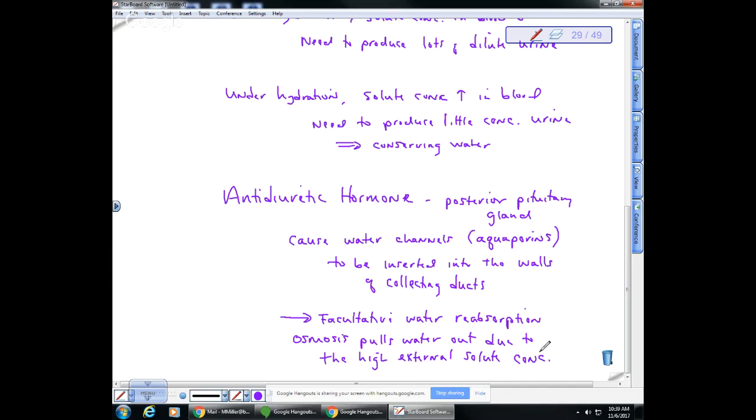Whereas if you were going to take a diuretic, like caffeine or vitamin C or alcohol, those are all examples of diuretics, that would mean that you would lose a lot of water. Okay. But ADH is only produced when solute concentrations in the blood get high and they're detected by the nervous system, and they cause ADH to be released.